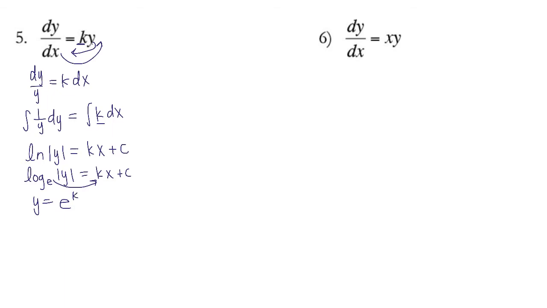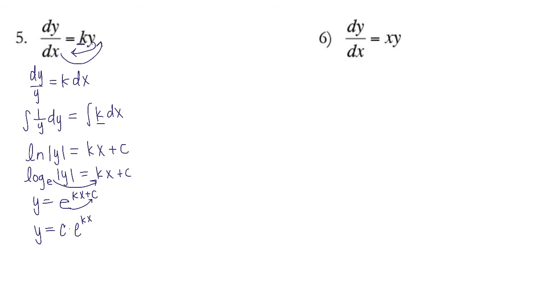That becomes the exponent for e. And then we can simplify that a little more, because we're going to have e raised to the c power. That is always some constant times e to the k times x. And again, that's always going to be the case for those.